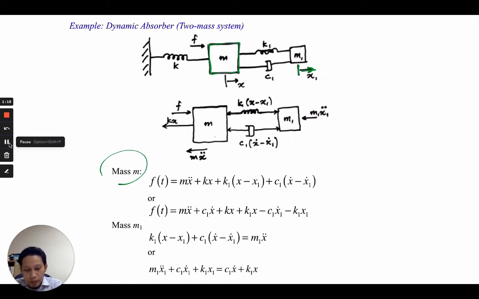The components connected to this mass are K, K1 and C1.